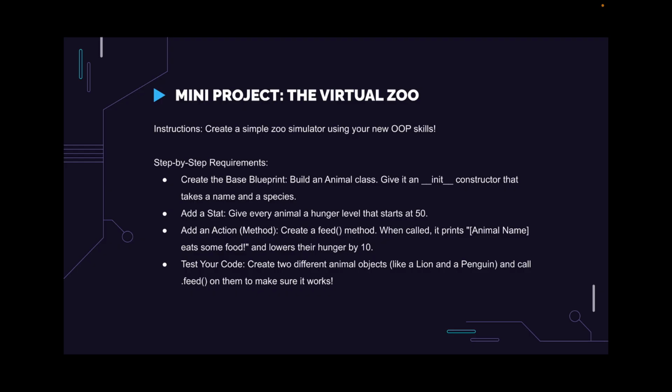Add a statistic: give every animal a hunger level that starts at 50. Add an action method, so this would be a method: create a feed method. When called, it prints the animal's name eats some food, and lowers their hunger by 10. Test your code: create two different animal objects, like a lion and a penguin, and call .feed on them to make sure it works.